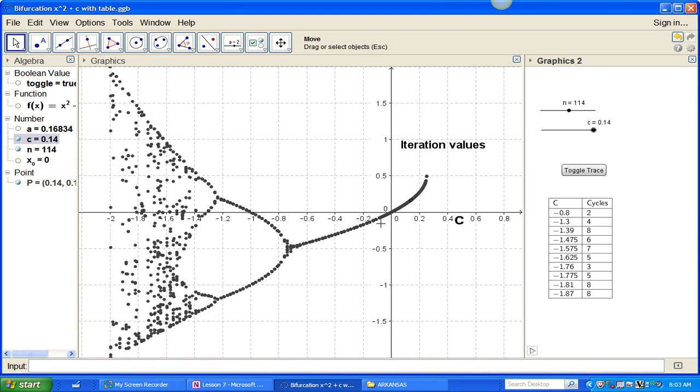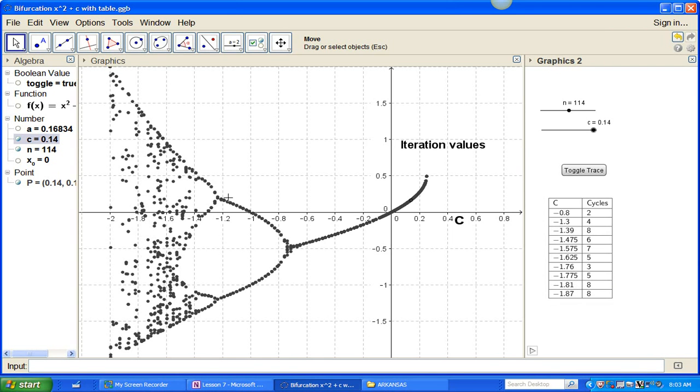All along here was an eventual 1 cycle. Then we have eventual 2 cycles, 4 cycles, and it splits, and we have all sorts of possibilities. The region in here is chaotic, and so we really can't tell how many cycles there are, but we can see, like at negative 1.775, there's kind of an open region where you have 5 cycles.